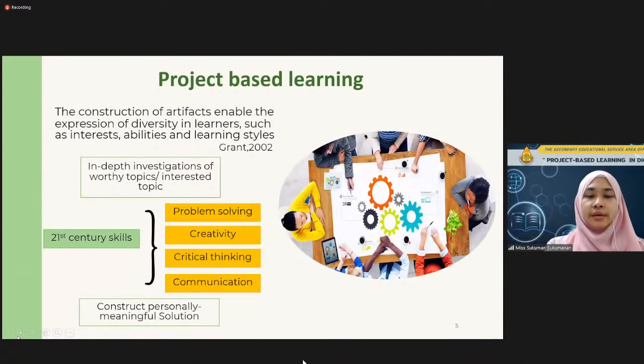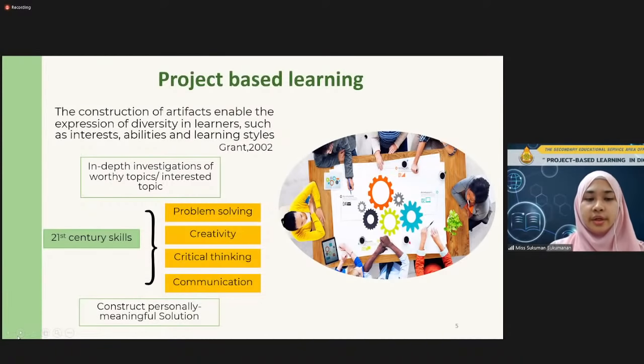Project-based learning is one approach that emphasizes the student as the center of learning, right? Project-based learning promotes students to learn through in-depth investigation, and they can pick a worthy topic or something of interest as the title of the project.